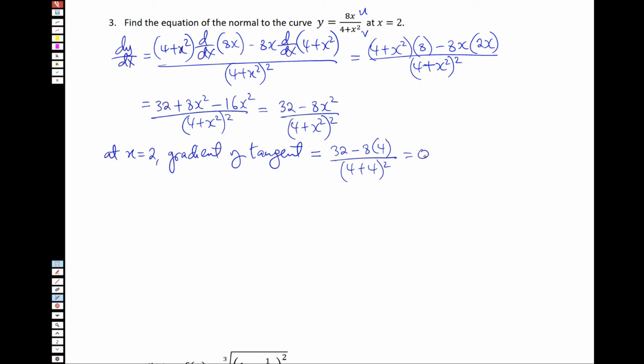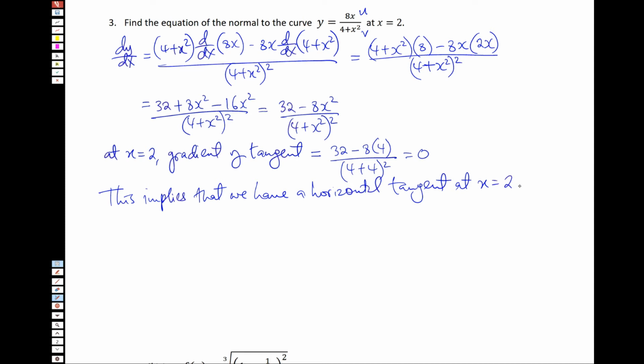What this means is that we have a horizontal tangent at x equals 2.